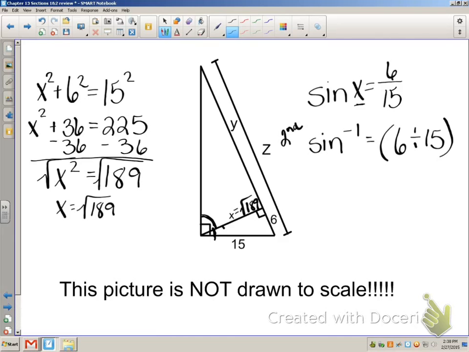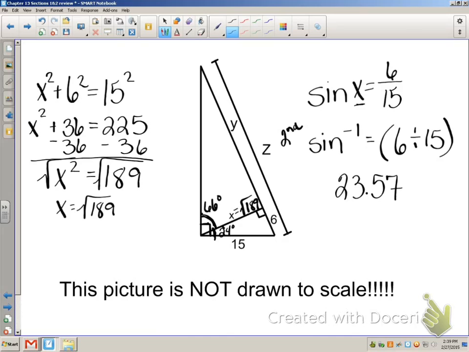Okay, when I do that, let me grab my calculator here, I get 23.57. Okay, so I know this angle is about 24 degrees. If the two angles together make a right angle, then I know this other one must be 90 minus 24, which is 66 degrees.